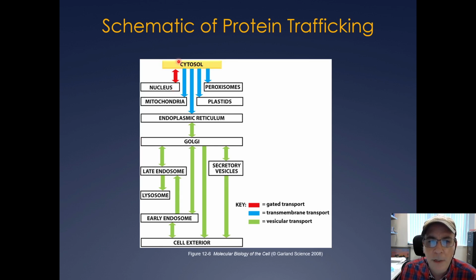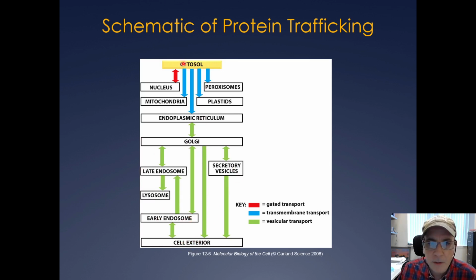then get transported out. But also you have transport from the cytosol to the endoplasmic reticulum, and then you have bidirectional transport between the ER and the Golgi, and then you can see here in all of the later secretory vesicles or later secretory compartments, you also have bidirectional transport all the way out to the cell exterior.